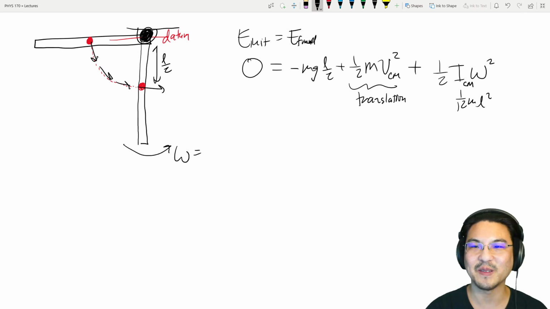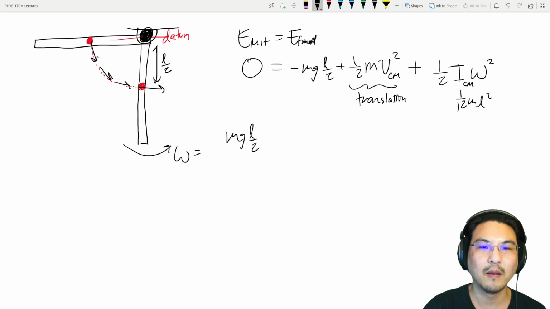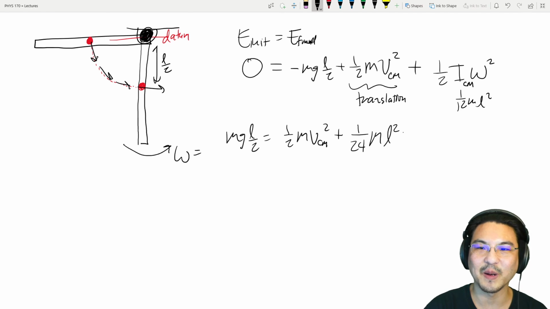So now if we put all this together, let me move this on the other side. 1/2 mv squared plus 1/2, and then 1/12, so 1 over 24 ml squared omega squared.